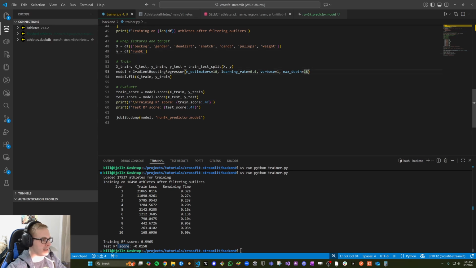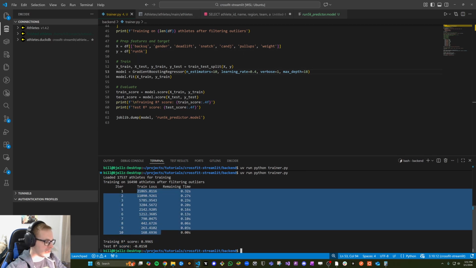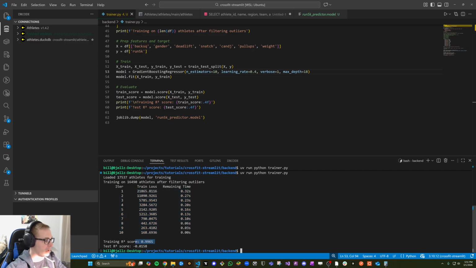So even though this is making our training loss very low, these numbers are extremely far apart, which is what's known as the model overfitting itself. So it's performing phenomenally on the training, but it can't do anything with the test.